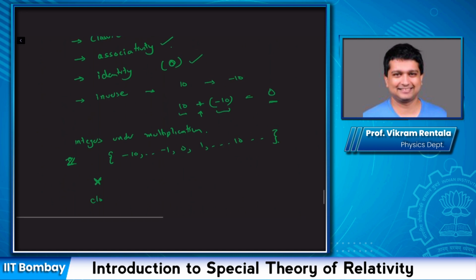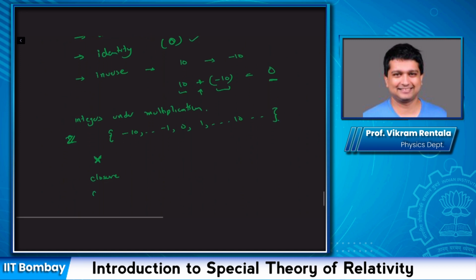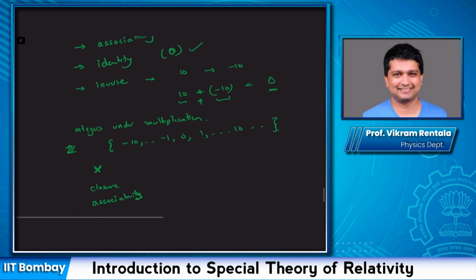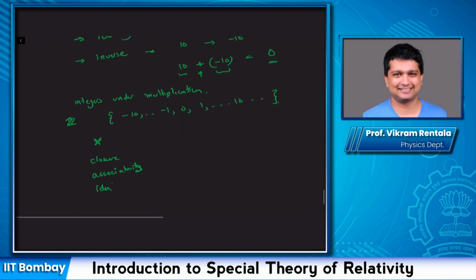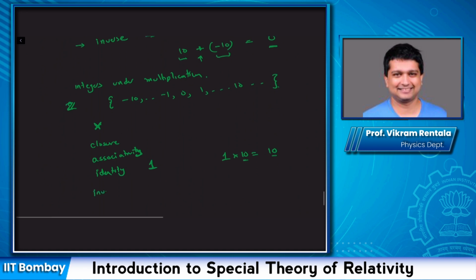I could satisfy the closure property. The product of two elements would give me a third element. There would be associativity of multiplication, because the ordering of the multiplications doesn't matter. There would be an identity, because 1 is the identity element, because 1 multiplied by anything would give me back that same element of Z. However, there would not be an inverse element.